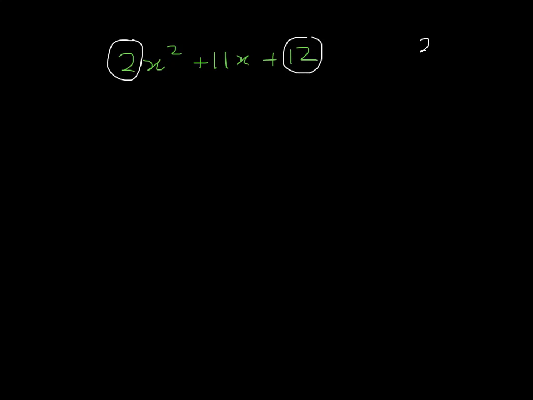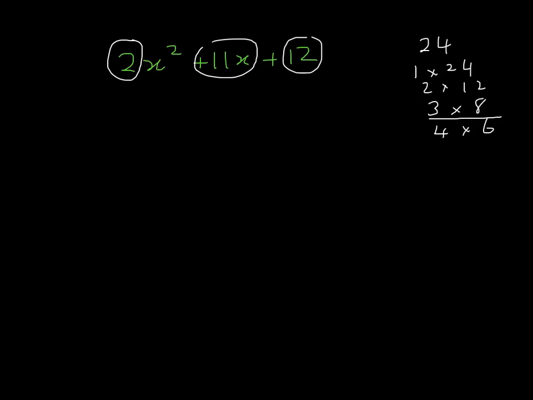So I've got 24. I think of all the factors of 24. 1 times 24, 2 times 12, 3 times 8, 4 times 6. And I want the pair that are going to add up to 11, which is 8 and 3.